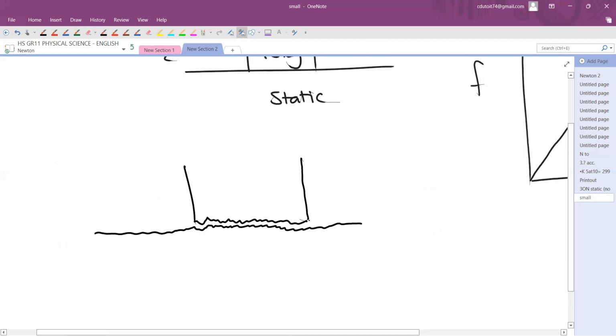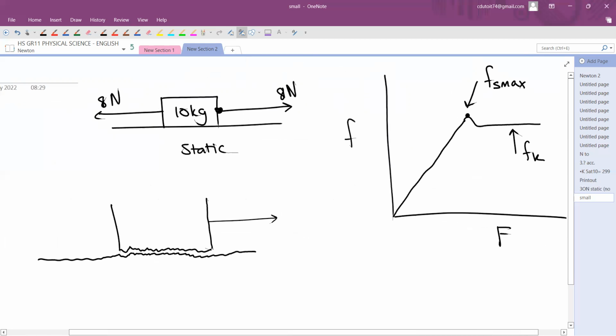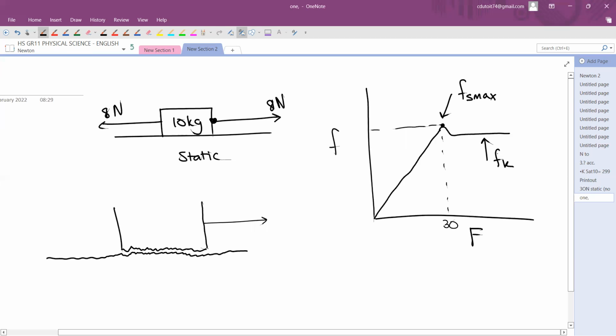So you can start pulling to one side, and those surfaces hook into one another, which makes it very difficult to move. You keep pulling, and then suddenly at a certain force, let's say 30 newtons, those hooks are overcome. Once the object moves, it has less friction. Therefore, your kinetic friction is always lower than the maximum static friction.